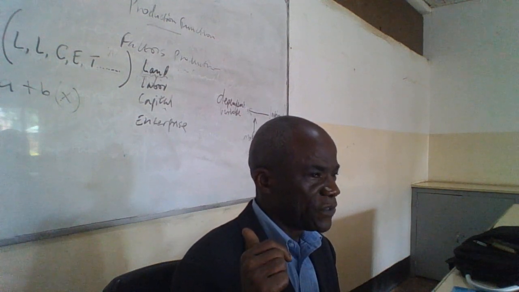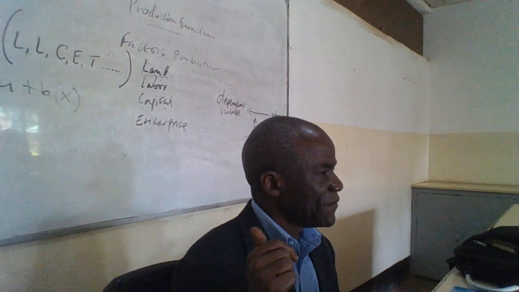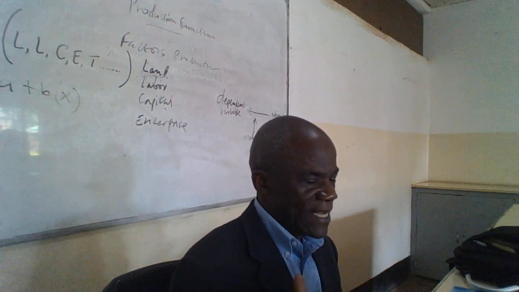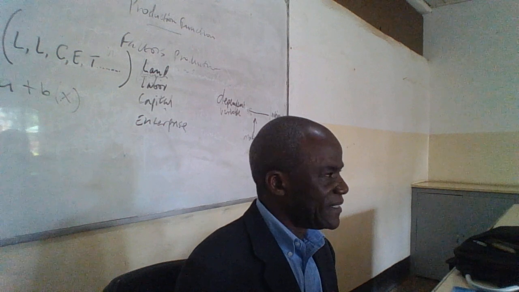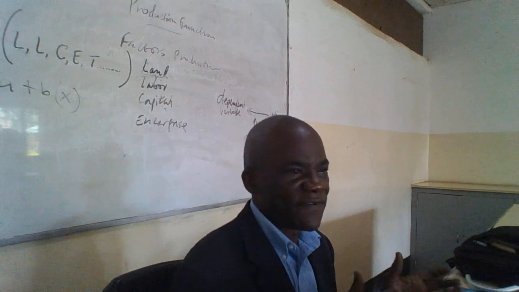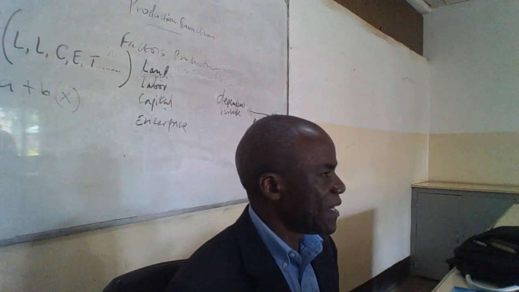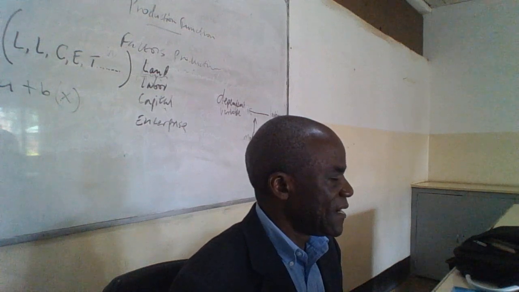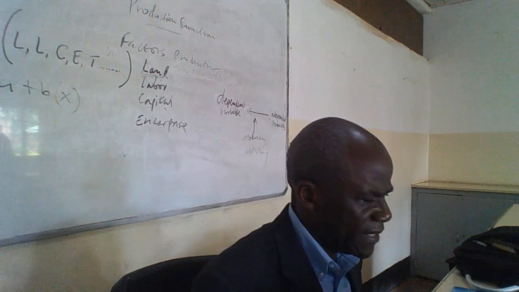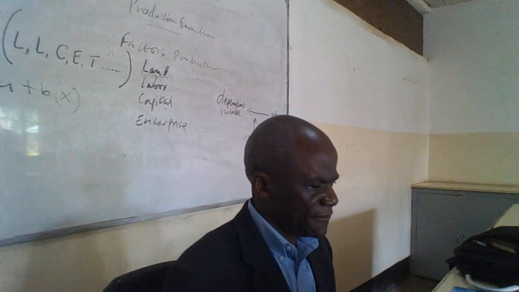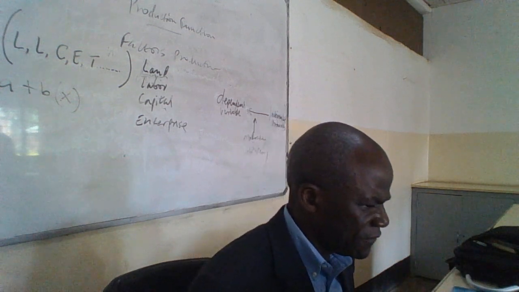So you might say, okay, for this level of output, it requires me to combine these things in these different ways. This is what I'm going to choose, depending on the cost. So the least cost combination of various inputs.